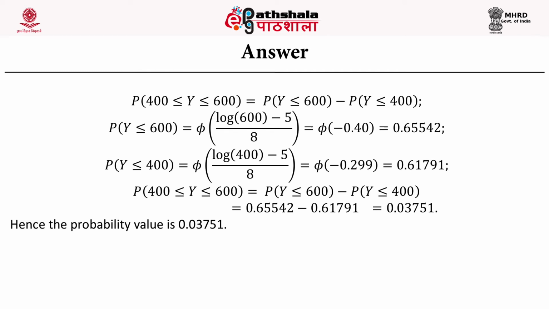So probability of 400 less than Y less than 600 is 0.65542 minus 0.61791, which is equal to 0.03751. Hence the probability value that we derive at the end is 0.03751.